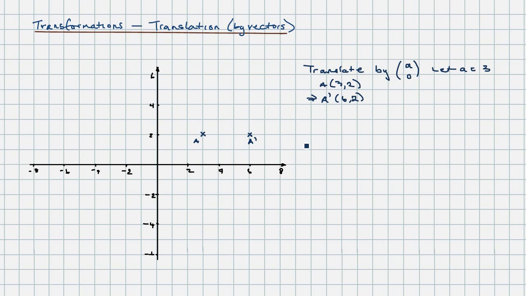Let's in fact move the same point in the vertical direction. So we're going to try and move it up. If we translate now by, we're going to fix the first component of the vector, but give some number b for the second component.